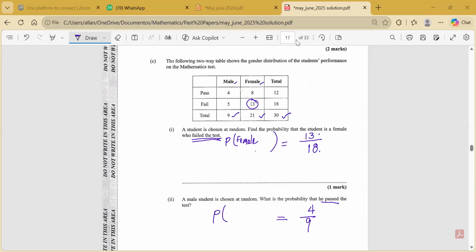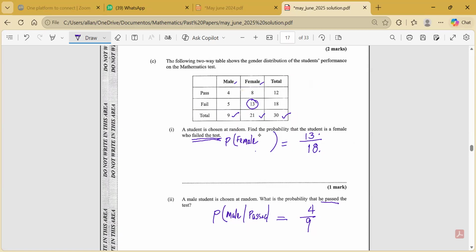The first one was the females who failed the test, the total amount. And this one, we're looking at the males who passed the test, only the males. So it's slightly different. So you're looking at male students who passed.